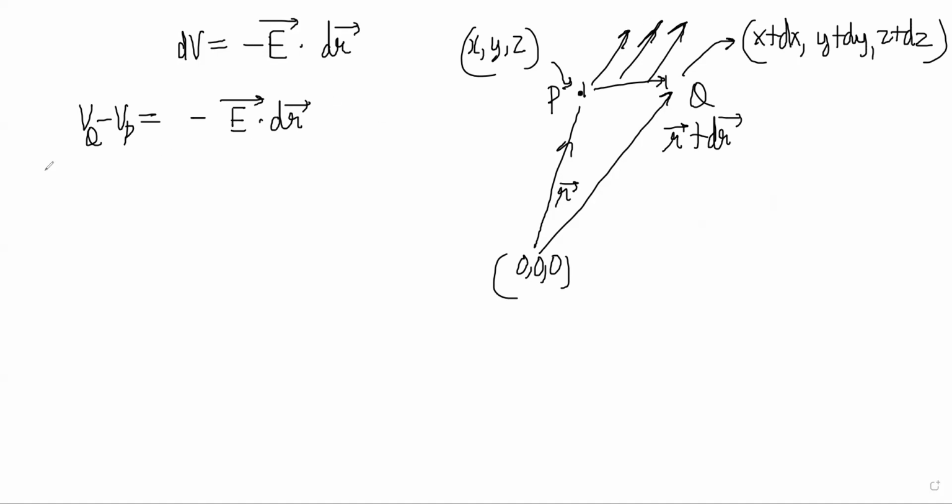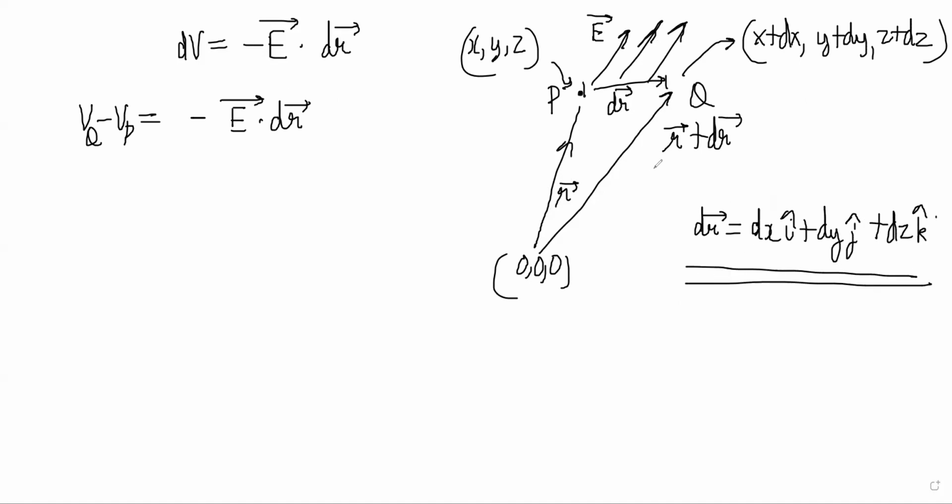Electric field could be in any direction, I don't know. Now, because this is your dr vector, you can easily say that the dr vector can be written as dx i cap plus dy j cap plus dz k cap, because the dr vector is the difference between this vector and this vector.